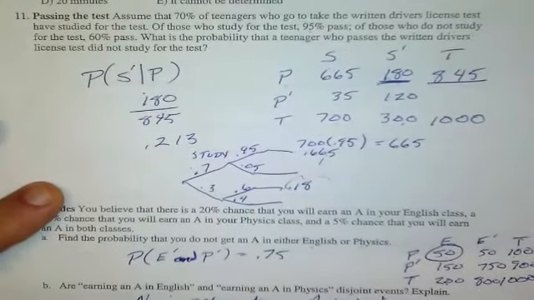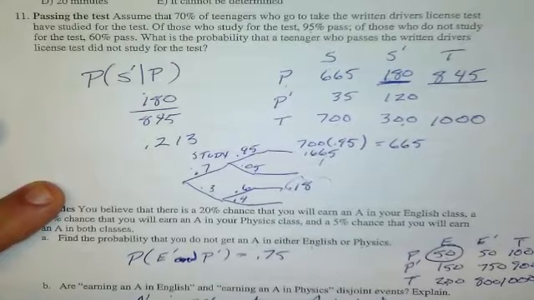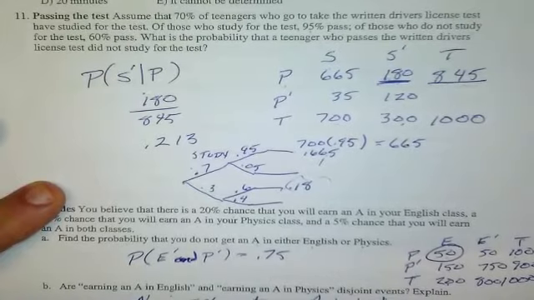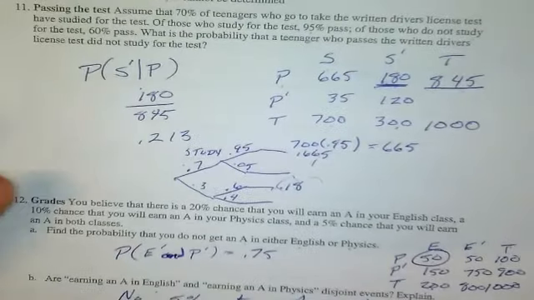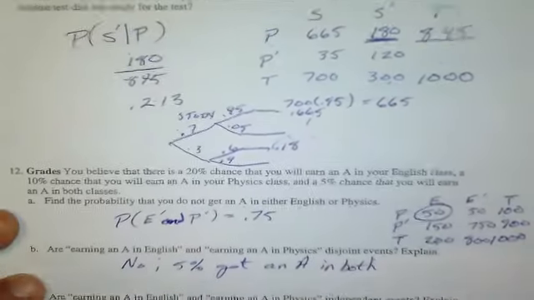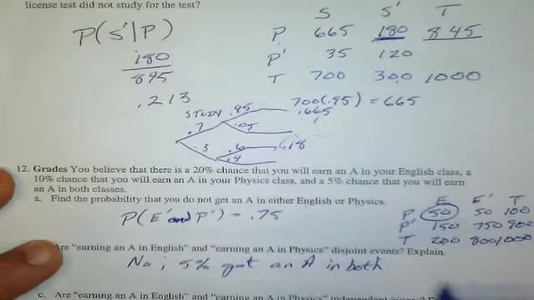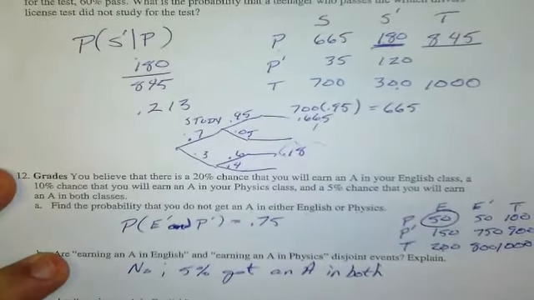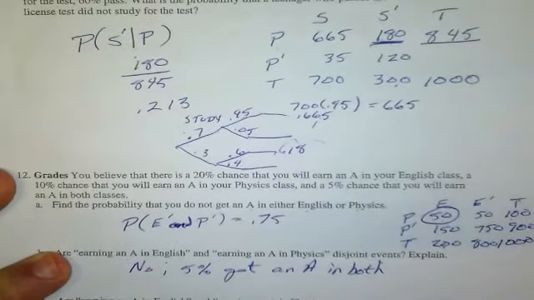That's not 5%. That doesn't equal 5% from the table above, or 0.05. So no, they're not. Or we can do this. Let's look at the probability of making an A in English is 0.2. Then we find the probability.